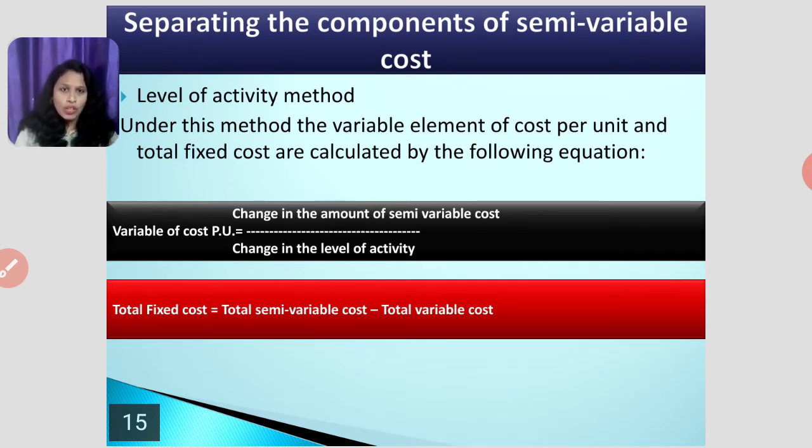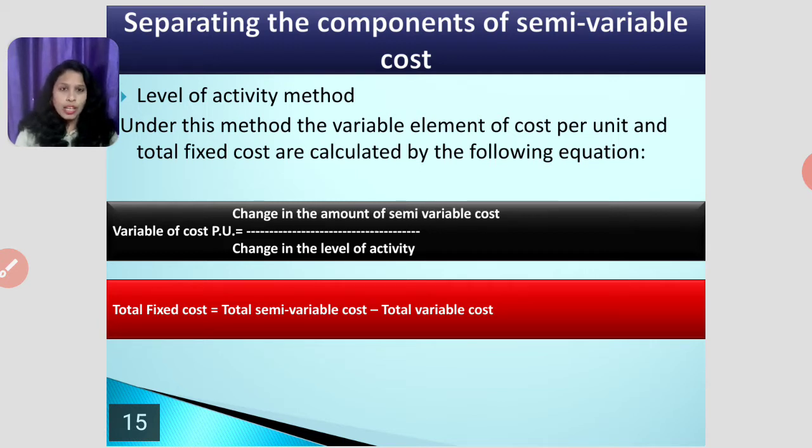variable cost per unit is equal to change in the amount of semi-variable cost. So exactly how much the change in the amount of semi-variable cost is, we have to find out here and replace the amount here, and the denominator is change in the level of activity.